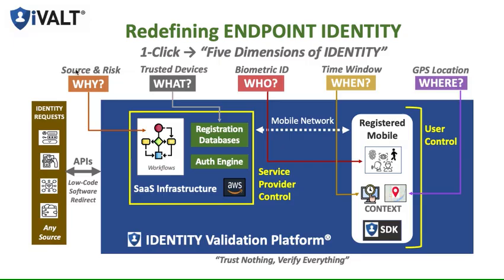So we're able to look at the use case and where this is coming from in order to use that information that comes back to validate the authentication. And once again, trust nothing, verify everything. In this case, everything at the endpoint are the 5 dimensions of identity.